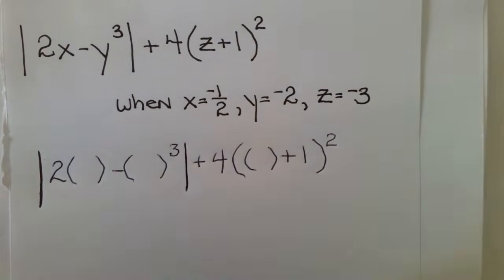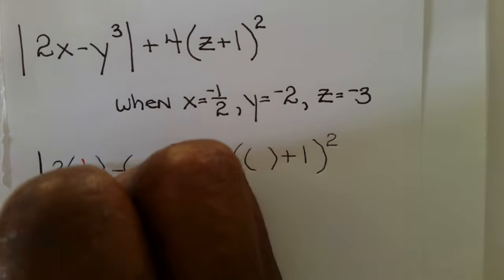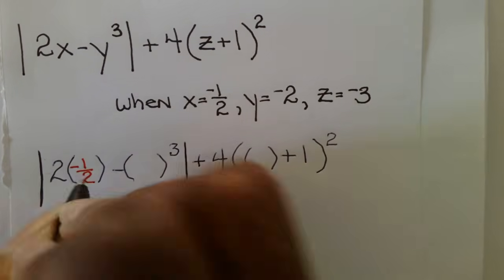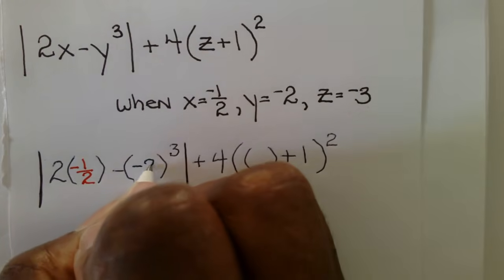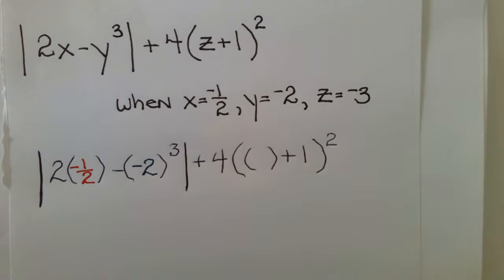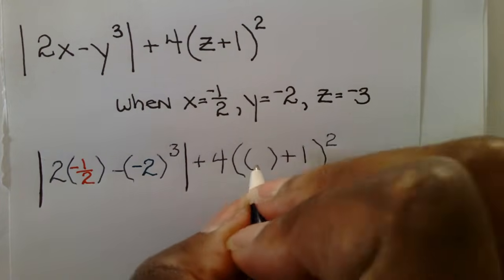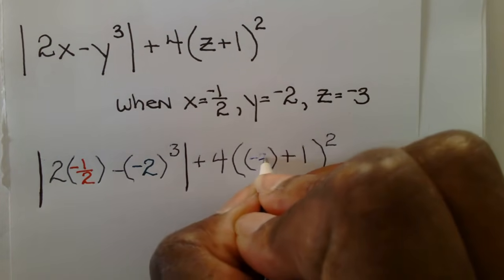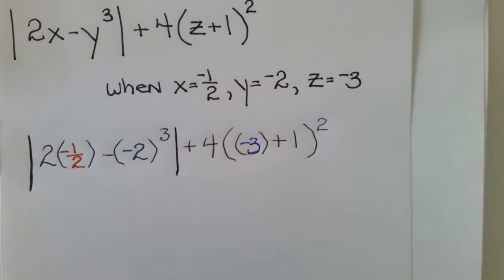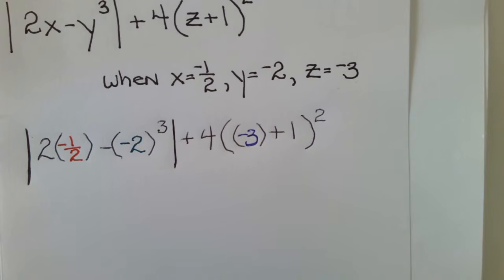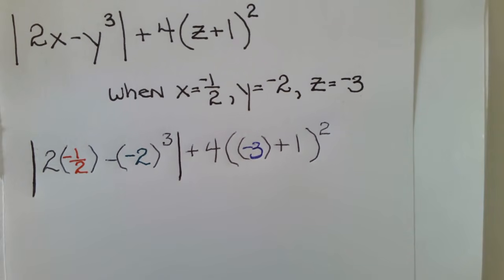So for my x, I plug in a negative 1/2. For my y, a negative 2. And for my z, a negative 3. Okay, so now we did our substitution.